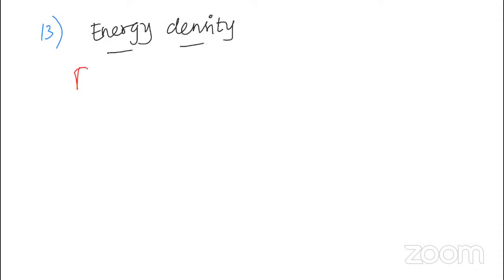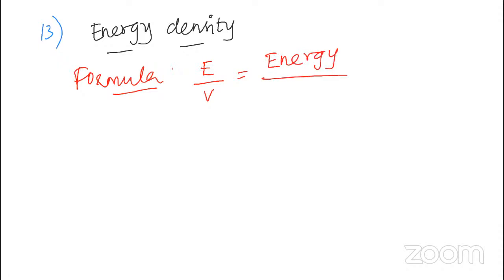Next one, energy density. It is calculated by the formula E by V, where E is energy and V is volume.